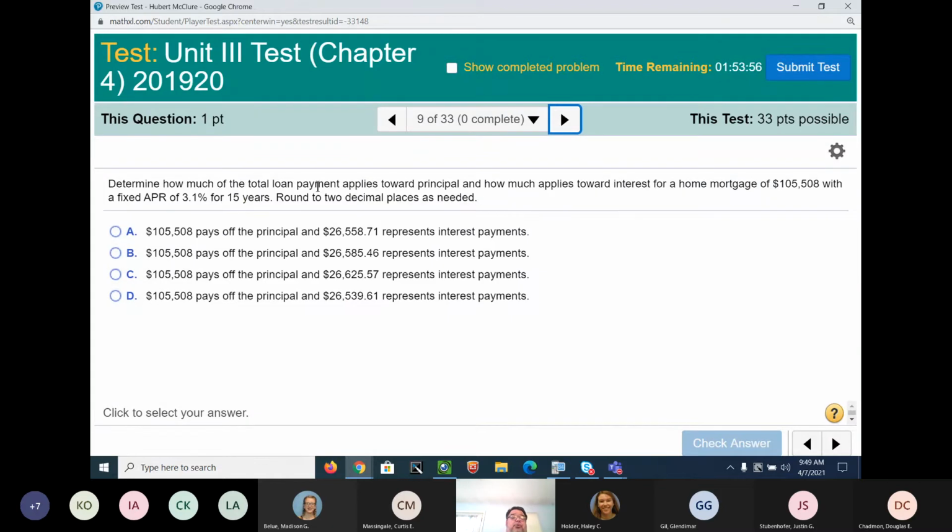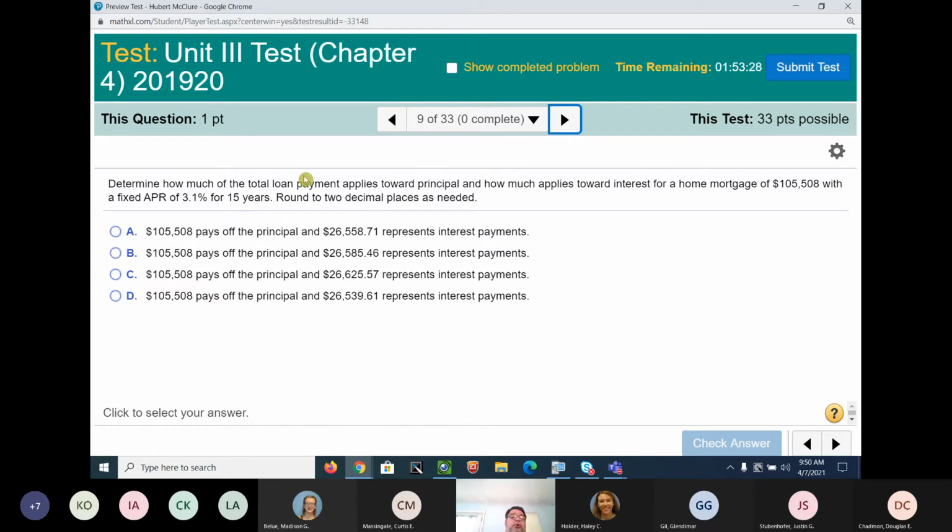Determine how much of the total loan payment applies toward the principal. A mortgage, we just did this one. You're borrowing 105,508 at a rate r of 0.031 for 15 years. And they want to know what's the loan payment.